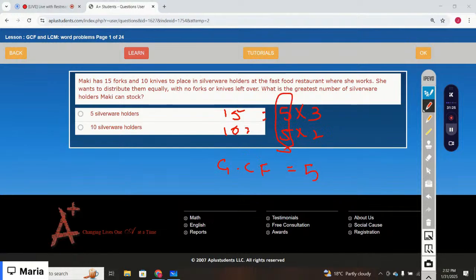So GCF is 5. That is 5 silverware holders. Option number 1 is the correct option.